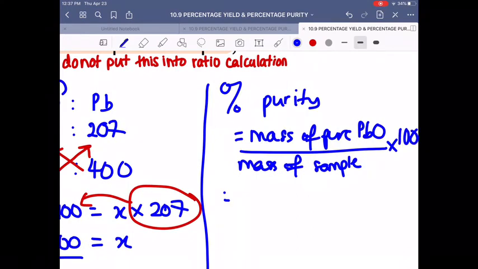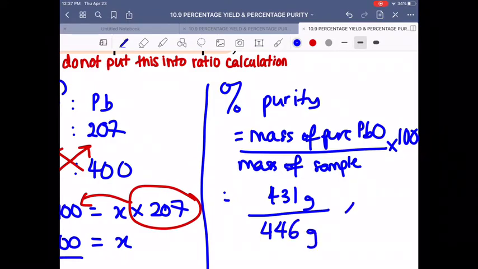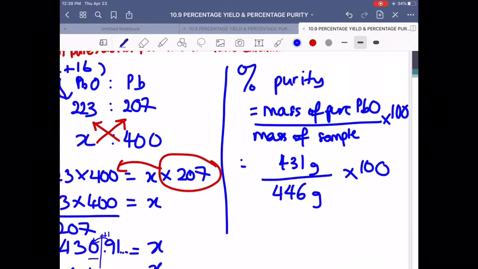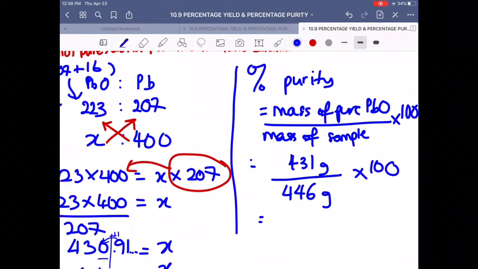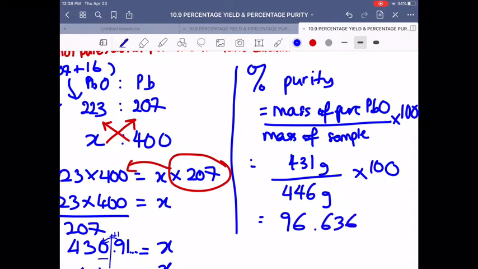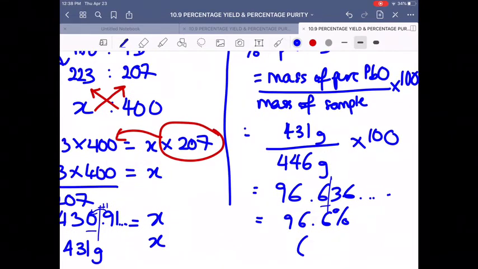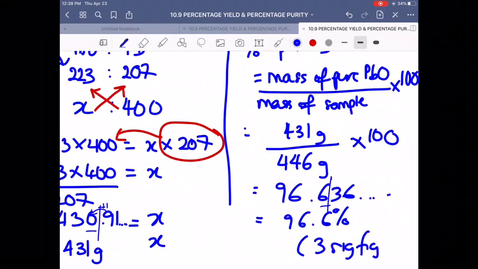So your pure PbO is 431 gram divided by your 446 gram times 100. Click the values into your calculator and you get 96.636, round off to 3 sig fig. Nothing to add, so 96.6, 3 sig fig.